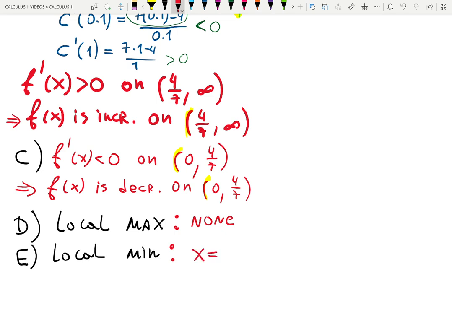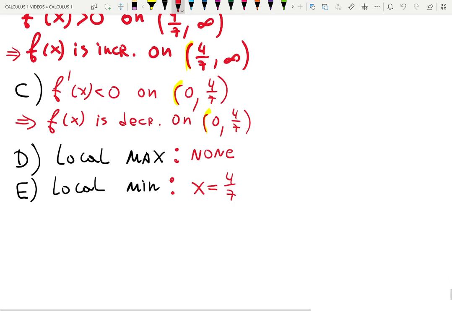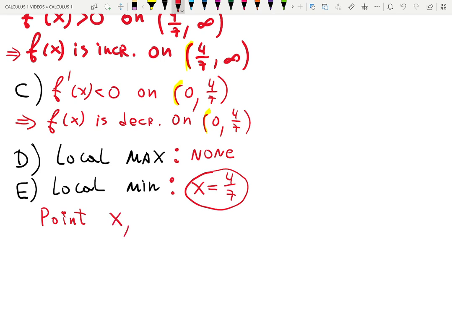X equals 4/7. Well, that's actually not correct. We need to give a point, you know? So we need to say what is the input and the output. The answer will be a point, unless they don't ask you about it. That's actually a good point. If they only ask about the location, the input for the local min or max, then you only input x.